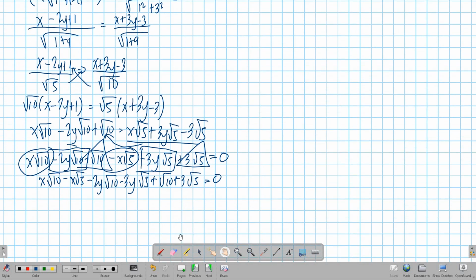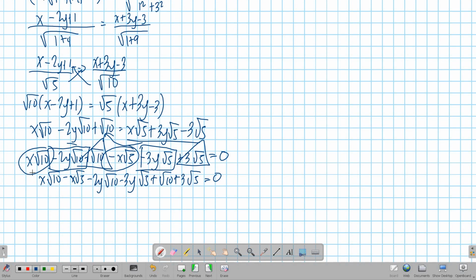Then, to simplify, let's factor out x, tapos pagpalitin natin para the coefficient is the one that is in front. So, I'm going to have square root of 10 minus square root of 5 times x. Going to do the same here, going to factor out y. Pwede naman positive, pero kung mapapansin nyo, pareho negative to. So, negative y, i-factor out ko.